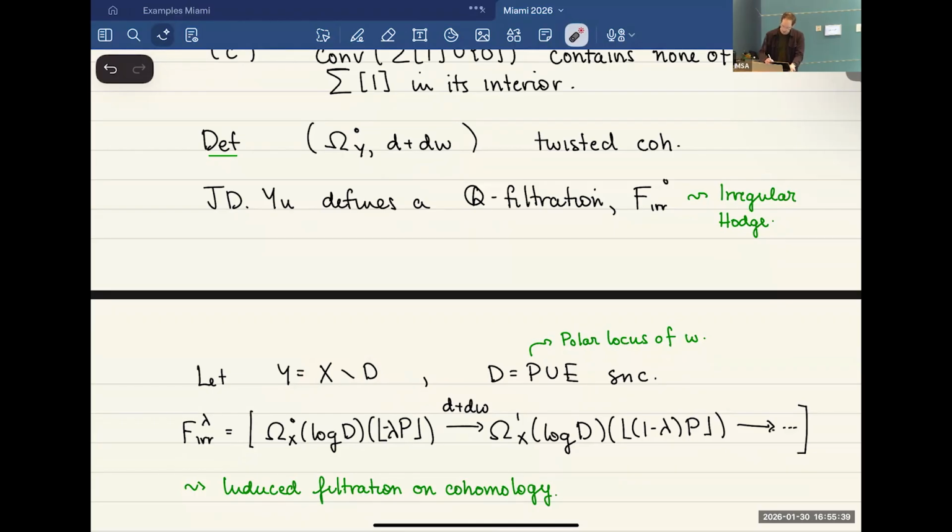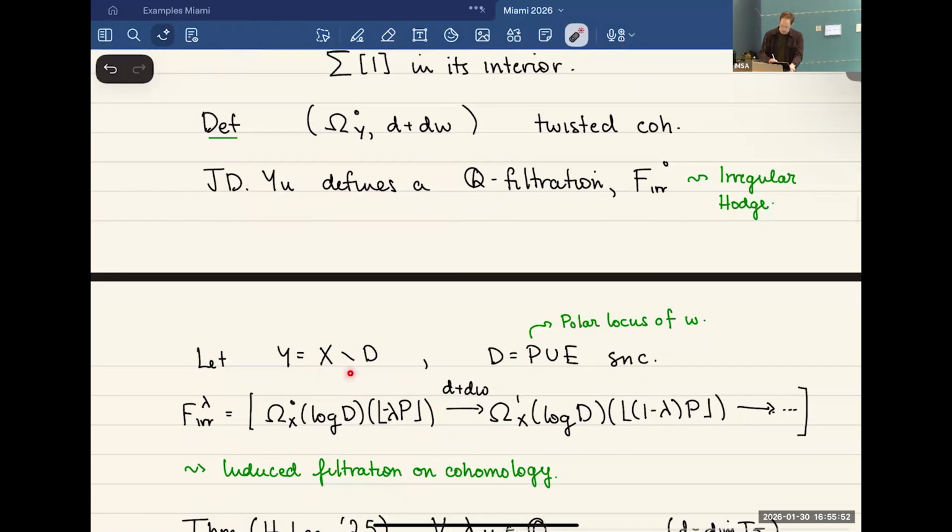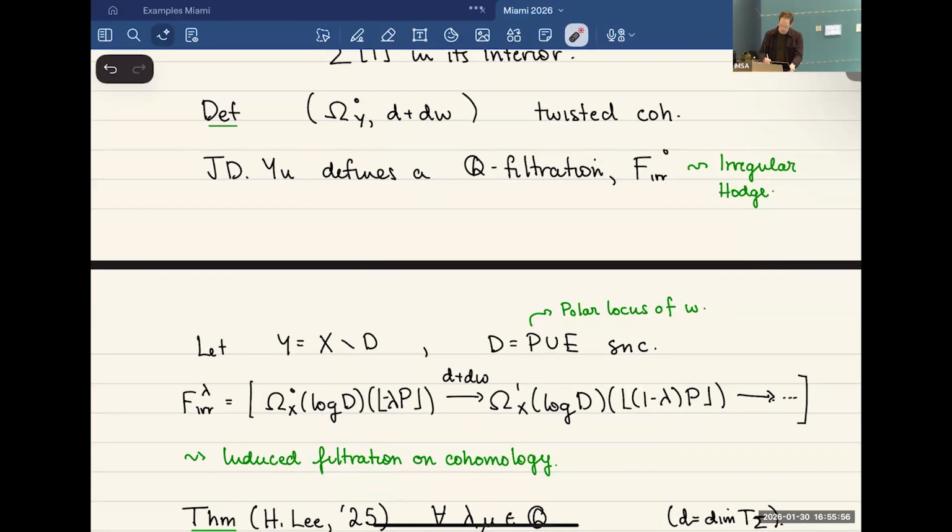This function W gives me a rational function on here, so I can look at the order of poles along different components of D. I'll assume that this is a normal crossings compactification. P is going to be the polar locus of W, the components along which I have poles, and then I'll have an auxiliary component E.